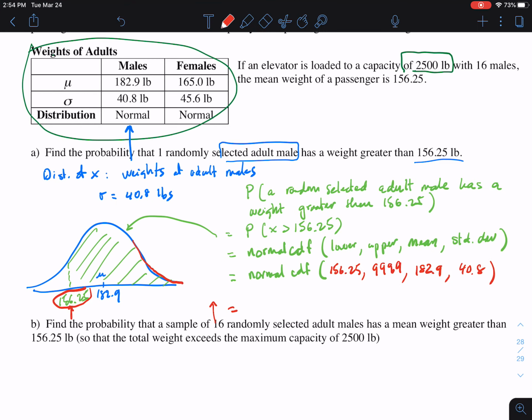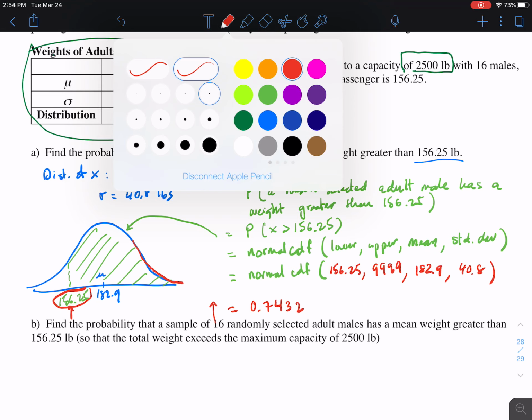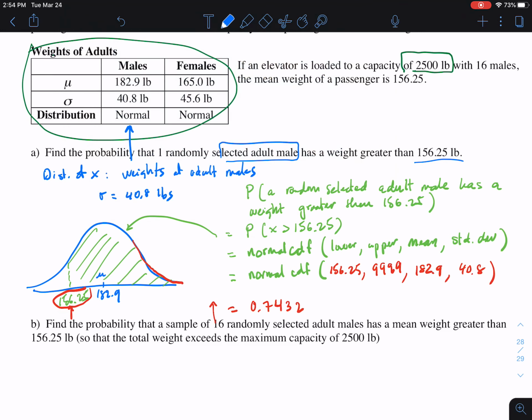So we're going to say 0.7432. Let's round that up. So this is saying that a randomly selected adult male has a chance of almost 75% of weighing more than 156.25 pounds. Okay, so that's what this answer is saying.